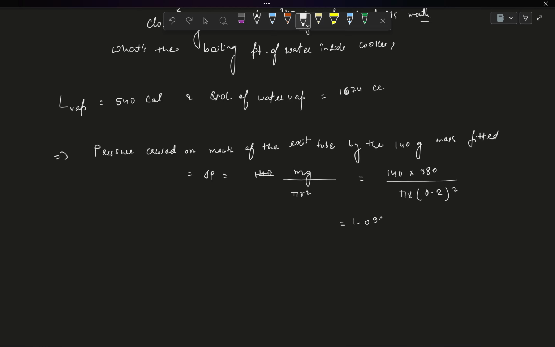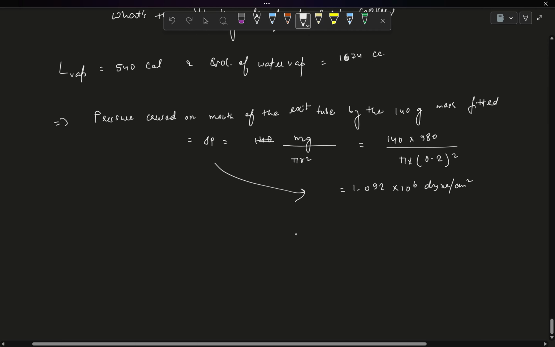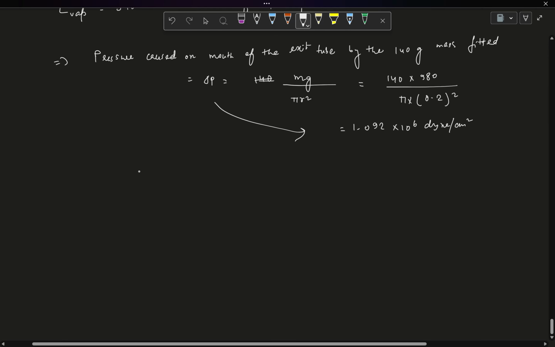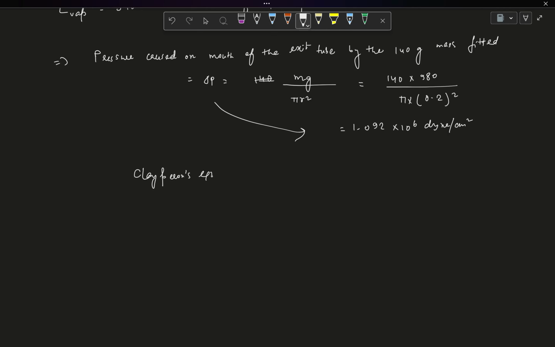If you calculate, this will be 1.092 times 10 to the power of 6 dyne per centimeter square in CGS units. This is the pressure caused by the exit tube cap of 140 gram mass. Now from Clapeyron's equation you have to again use, because that involves all the needed quantities. Clapeyron's equation tells you that dP/dT is equal to L by T times (Vf minus Vi).